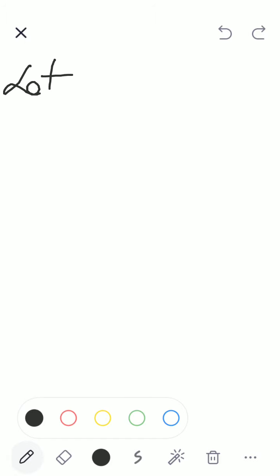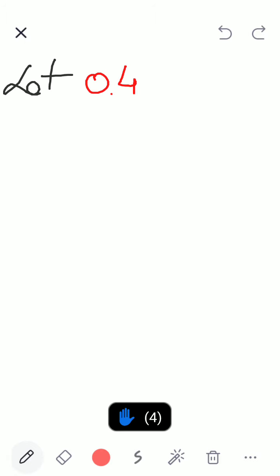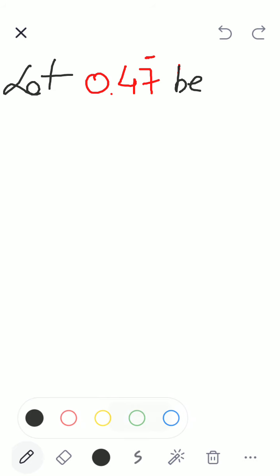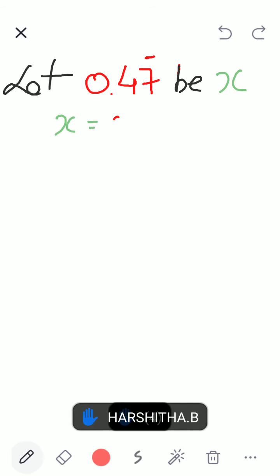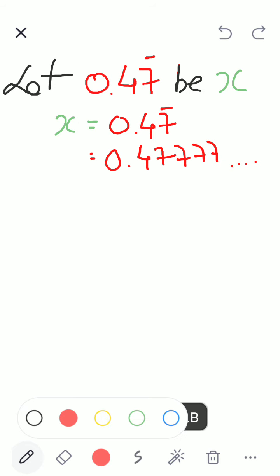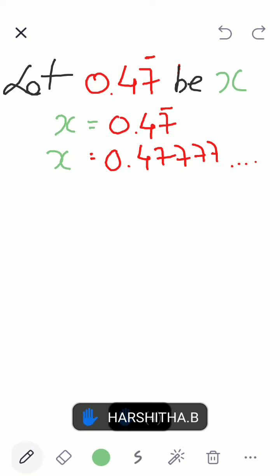Let 0.47 recurring be x. x is equal to 0.47 recurring, which is nothing but 0.47777 dot. Harshita, lower your hand, please. You have to tell me this is how you have to start writing the answers.